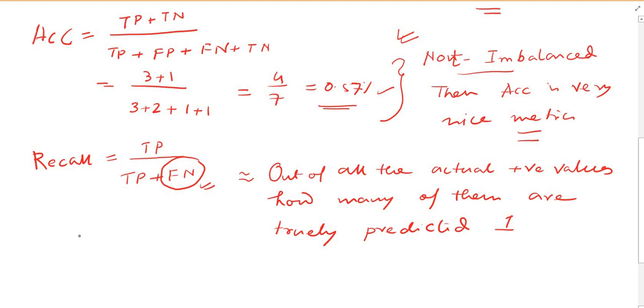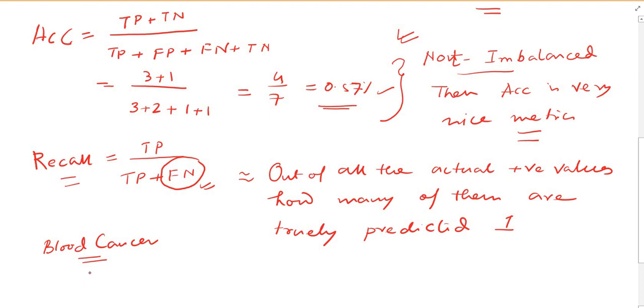Why important? Depending on your data, this parameter may be very, very crucial. For example, if you have some kind of data where you are trying to identify whether the person is actually having a blood cancer or not. Okay. Now, in this scenario, what is important?